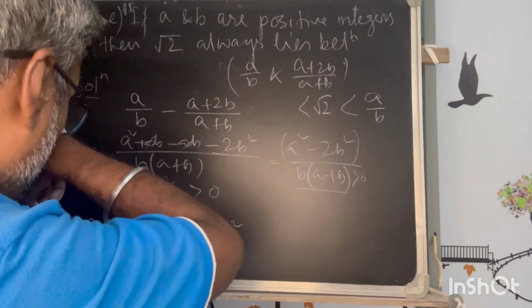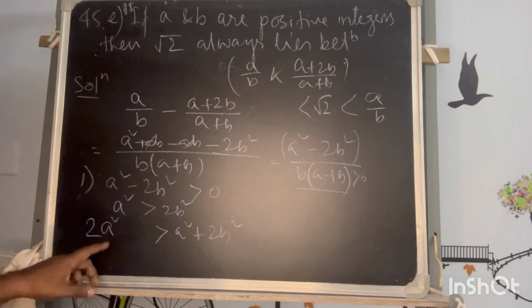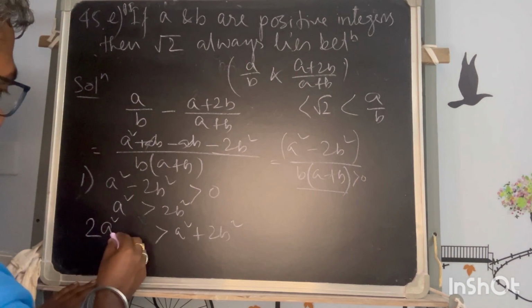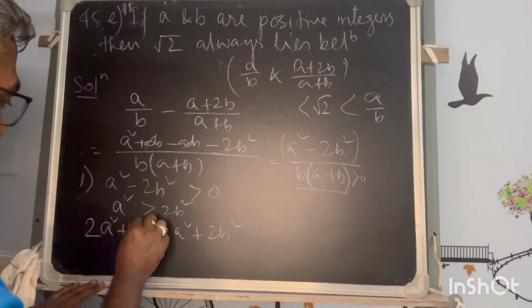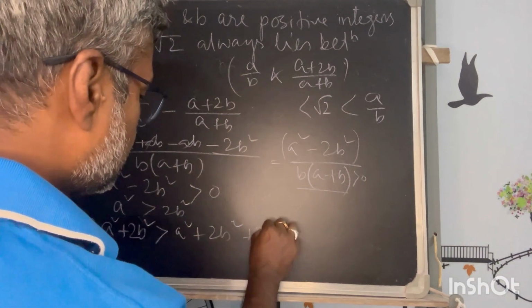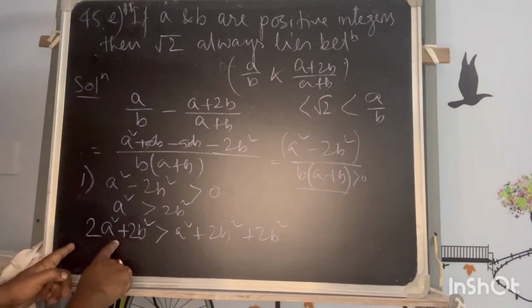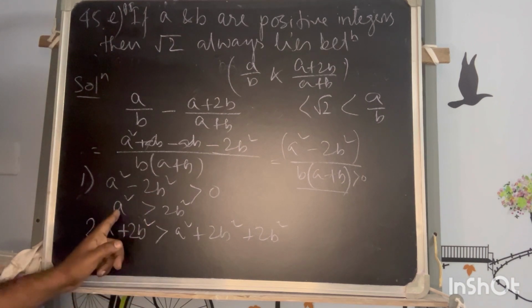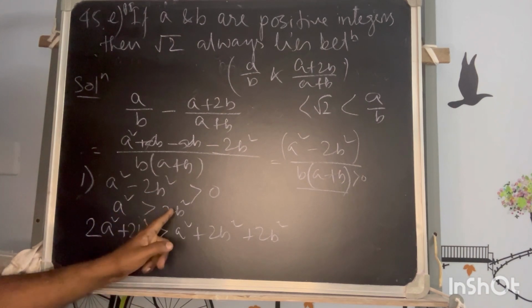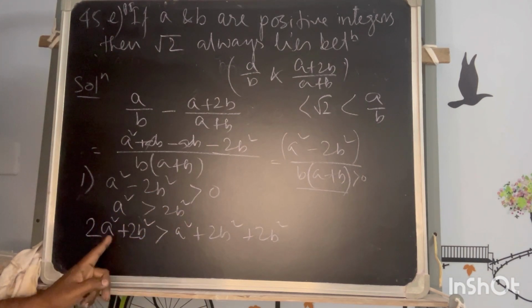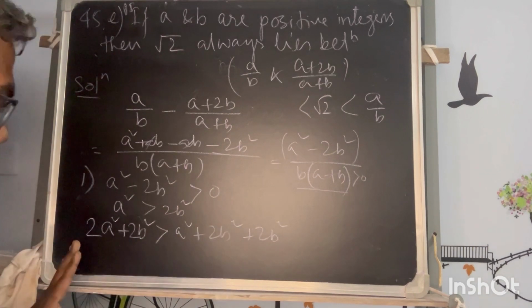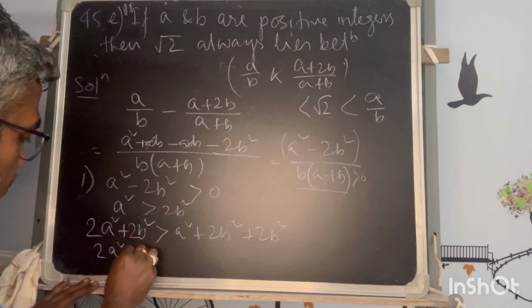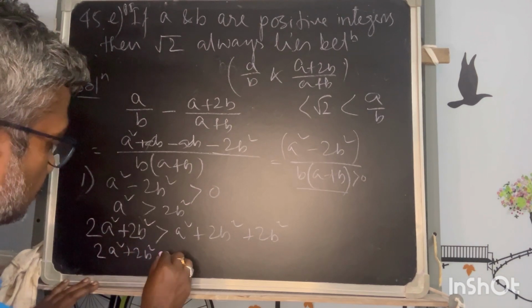So now if I add further 2b square, this will be added, because if I do the same operation both sides, this inequality won't change. So there I am doing, first I have added a square, here I have added a square, so sign will not change. Here I am adding 2b square. This is to bring the equation to the required form.